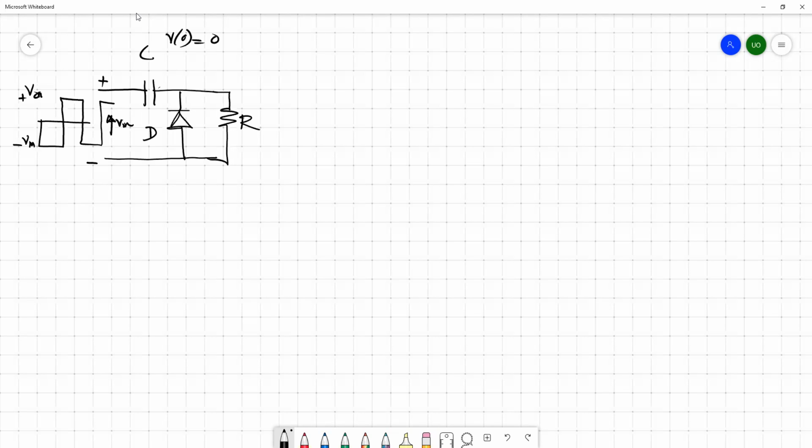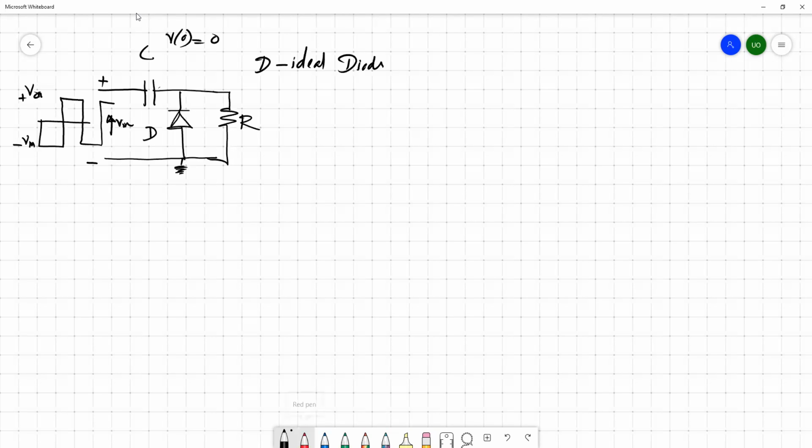D is an ideal diode, and we have a resistor also in the circuit. Now we'll see what happens to the circuit if you externally apply this kind of square wave to this RC circuit.